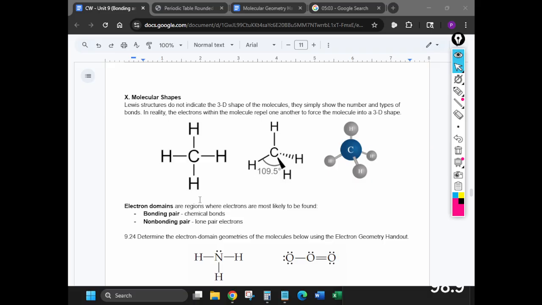Because what happens is the electrons in the bonds push each other away. And so this is what it's going to look like. I'll put the rest of my hydrogens right there. And this is going to be your methane molecule. So, even though we draw the Lewis structure like this, it looks like this in 3D shape. This is what it looks like.